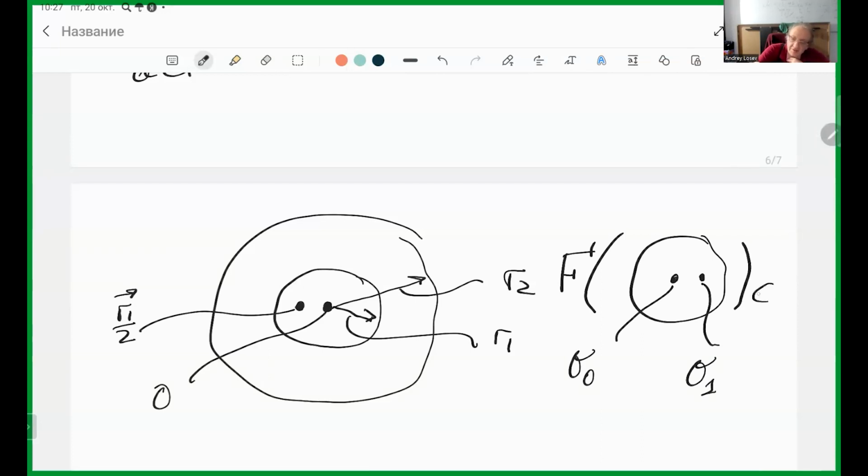And this functor belongs to, sorry, I call the space V, to V_R1. Okay.